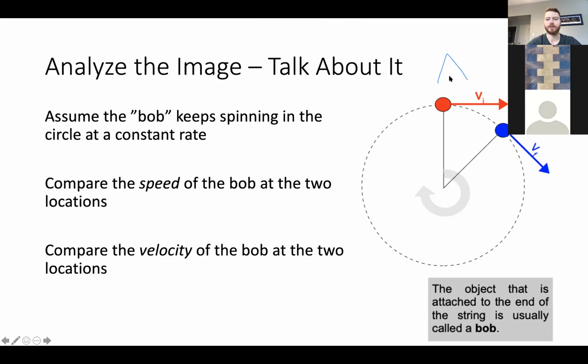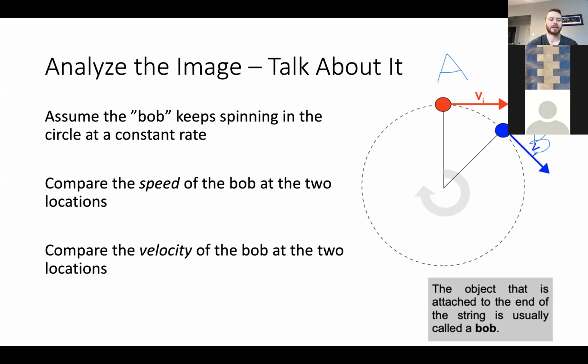So if this is position A and position B over here, if we are rotating the bob at a constant speed in uniform circular motion, and we compare the speed of the bob at the two locations, it should have the same speed. Remember, speed is a scalar quantity, so it only has a magnitude, how fast it is going, and no direction.